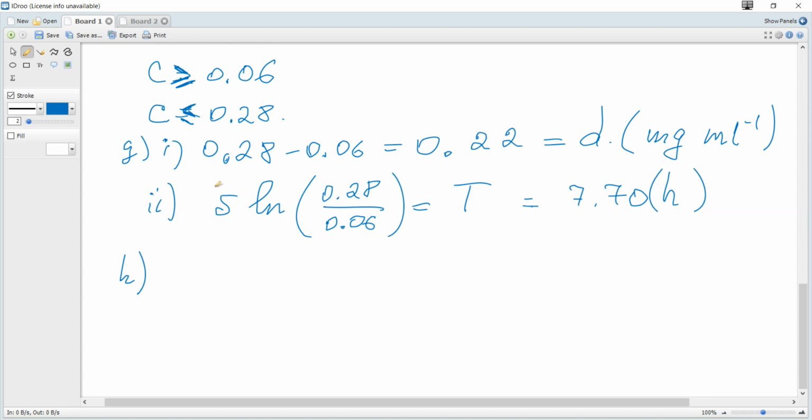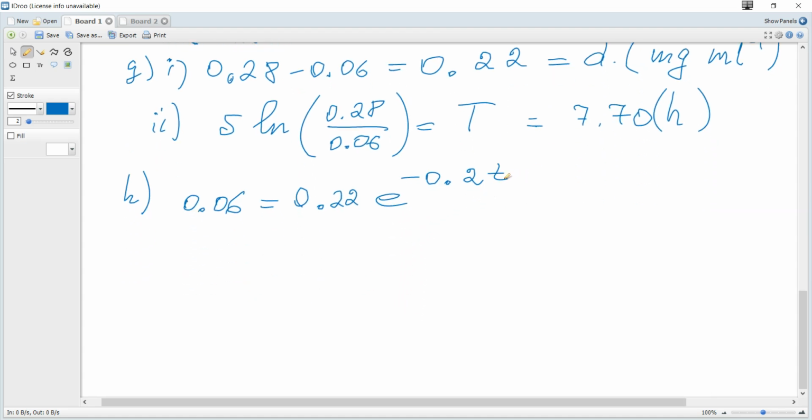So we remember the equation that concentration is d e to negative 0.2 t, and for this D it's 0.22 multiplied by e to negative 0.2 t, and it should be greater than 0.06, so we can consider just that it equals and solve for t.